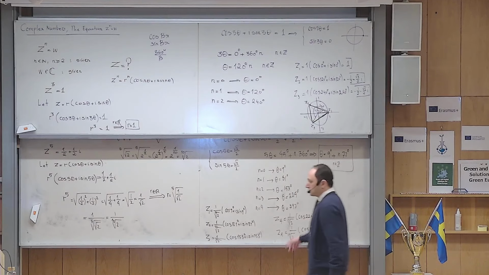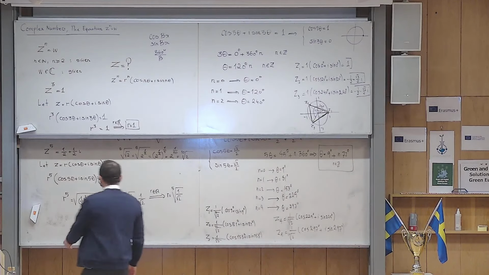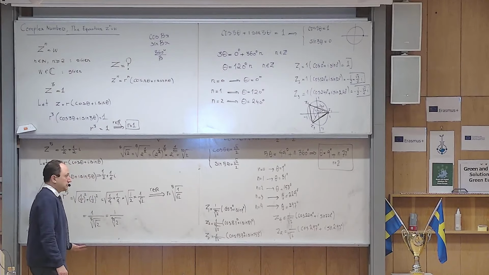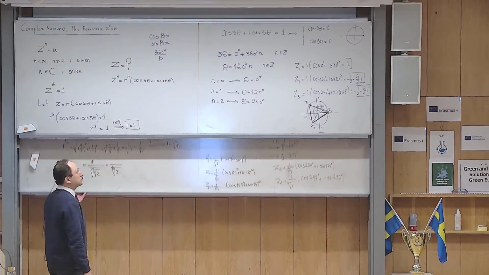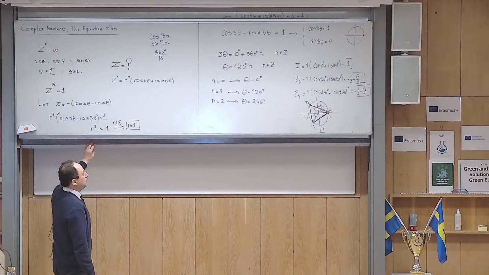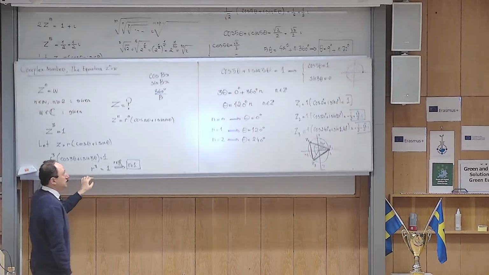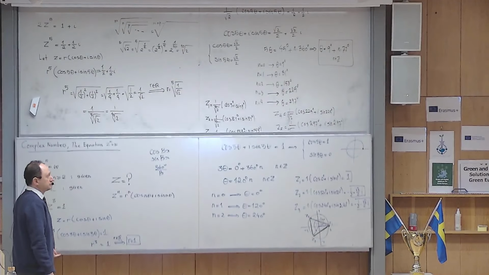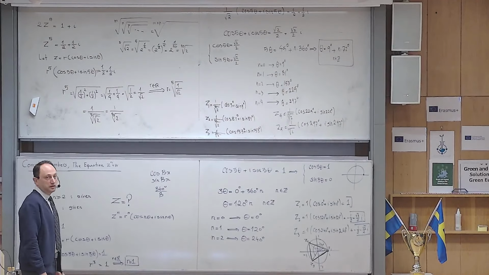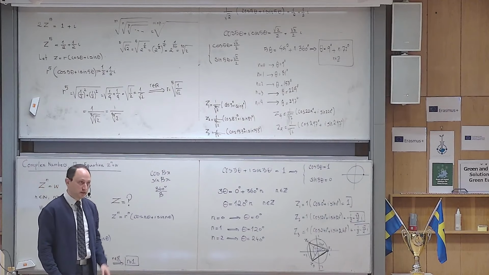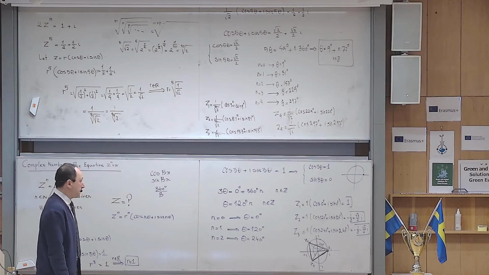But again, let us try to analyze this problem geometrically. So where are these roots lying on the complex plane? Can I say something about them? All of them lie on the circle centered at the origin, but whose radius is?